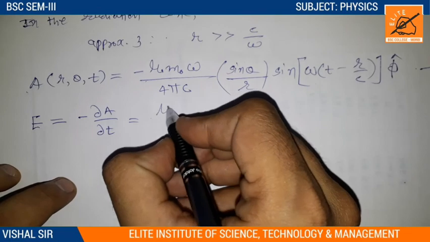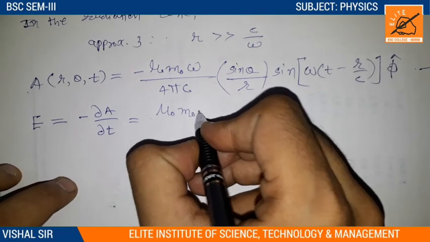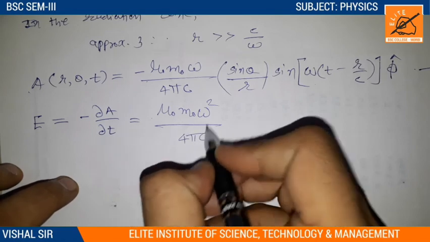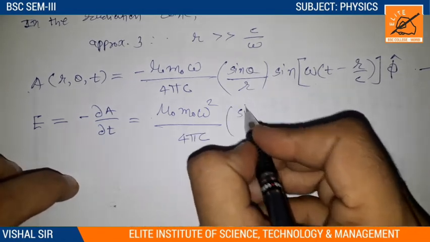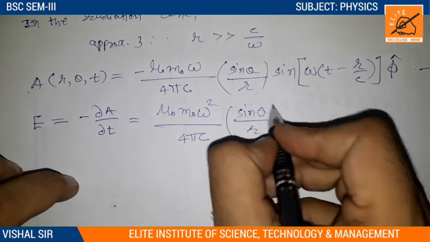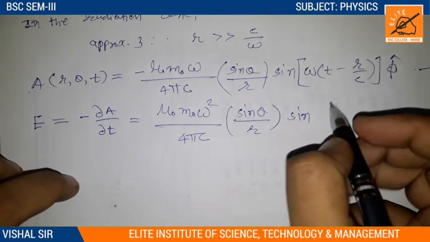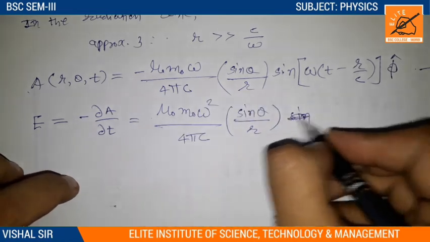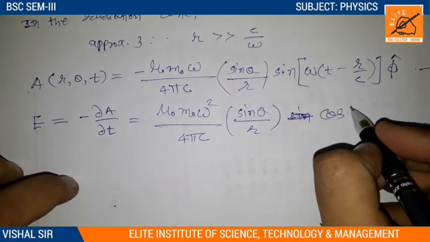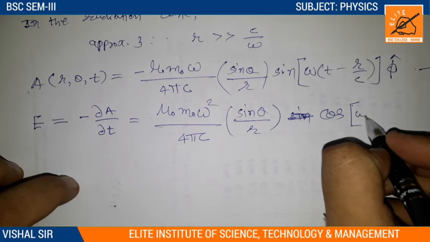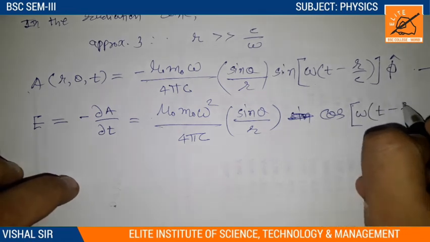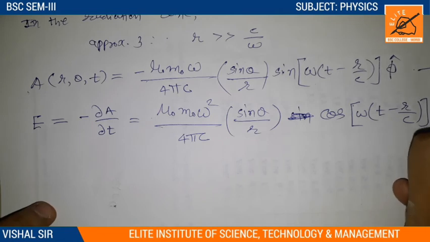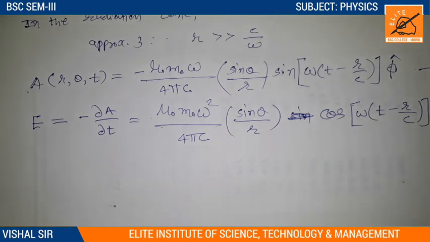It will be mu 0 m0 omega square upon 4 pi c into sin theta upon r into, sorry, the differentiation of this will be cos omega t minus r upon c, and phi cap.